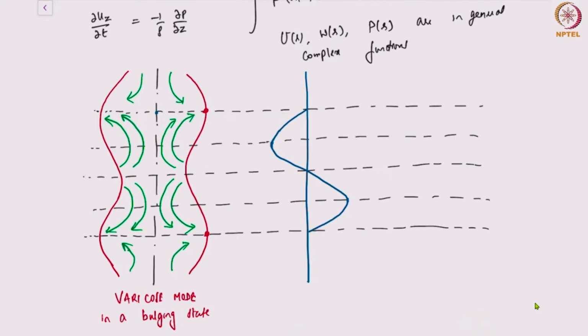This is the magnitude of UZ at r equal to 0, as a function of Z, at this instant of time, right? So clearly, what does it tell you?